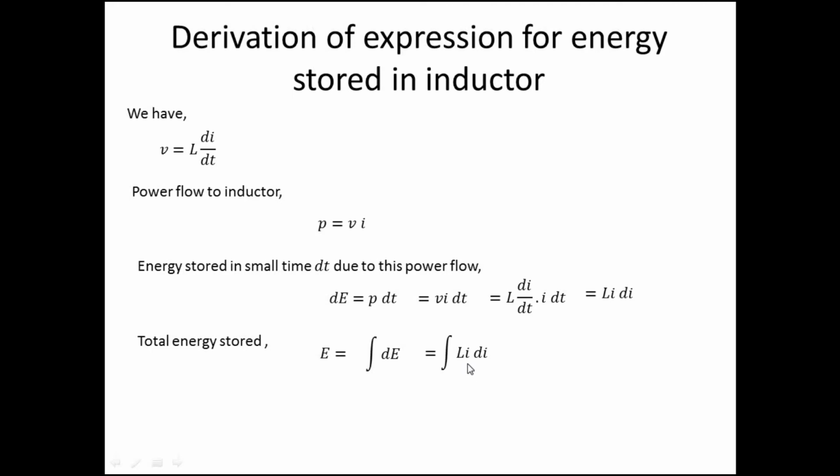L is constant, so we can take L outside the integral of i di. The integral of i di is i square by 2, so it becomes L i square by 2. So we can say that energy stored is equal to half L i square. This is the expression for finding the energy stored in an inductor.